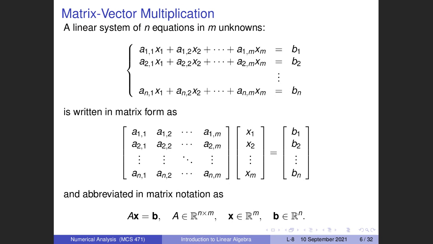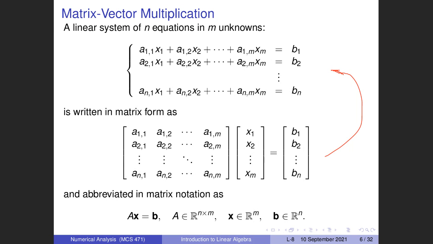You can go from the equations to the matrix form, but you can also go back. Why is this symbolic? You can see the linear system in equation form as a symbolic representation of the formulas for the matrix-vector multiplication.